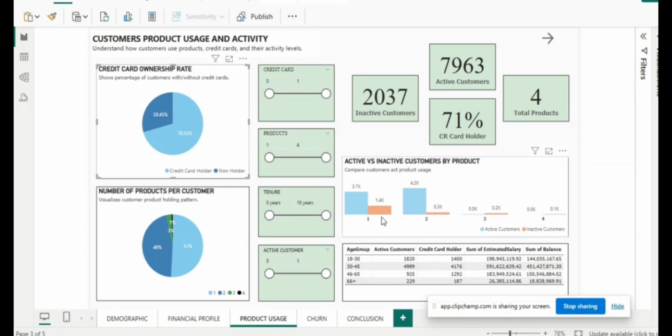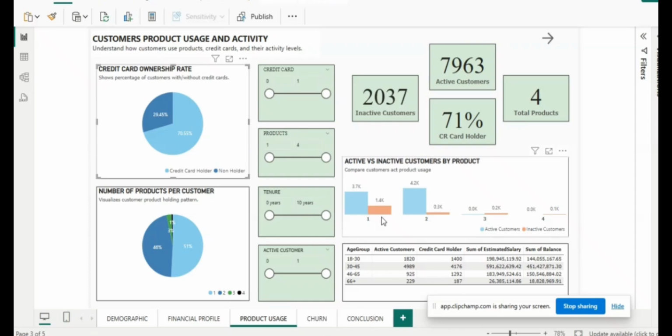Based on this, some products are going to have more active customers and some are going to have inactive customers. So based on the data, I was able to visualize the number of active customers for each product and the number of inactive customers. We can see from this visualization that the product with the best active customers is the second product, having 4.2, next to the first product, then the third, and then the fourth.